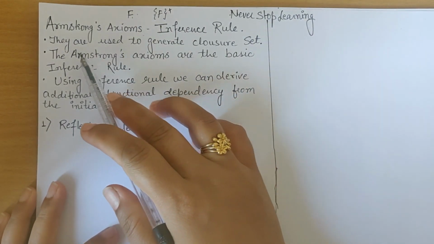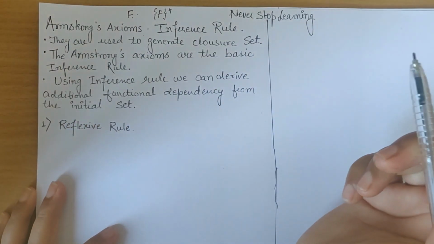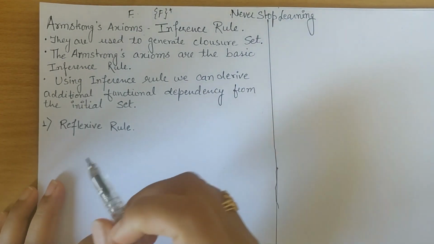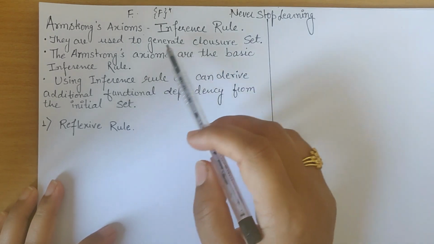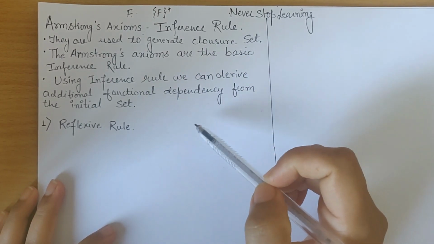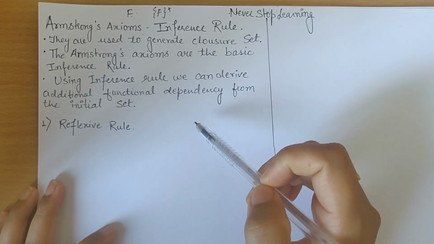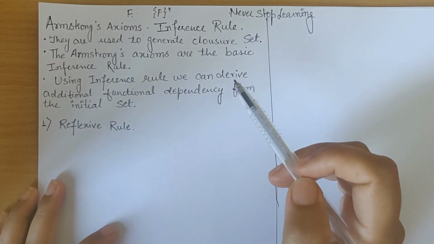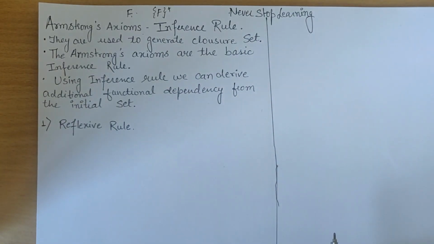That's why I have written here that they are used to generate the closure set. The Armstrong axioms are the basic inference rules. Using these inference rules, we can derive additional functional dependencies from the initial set. So basically it's doing nothing else, it's just generating the closure set.